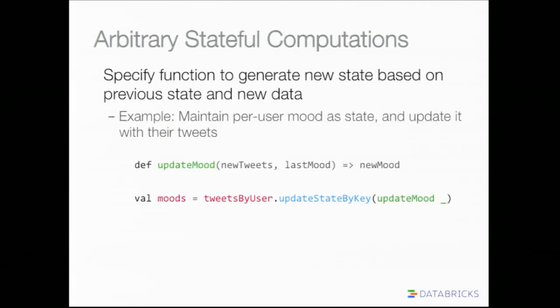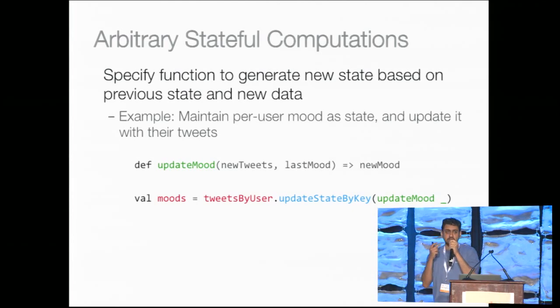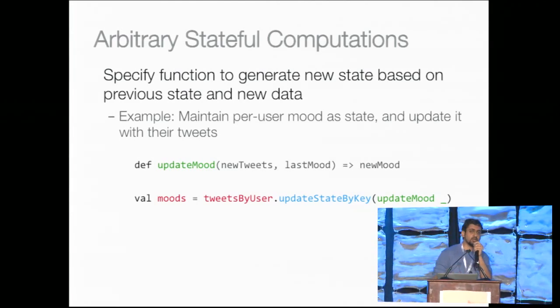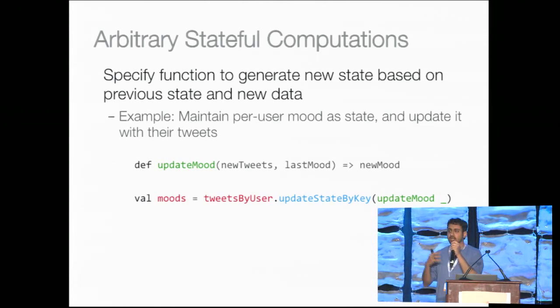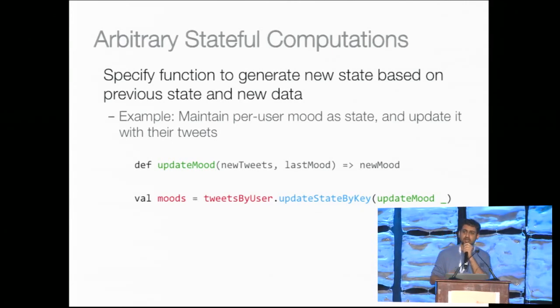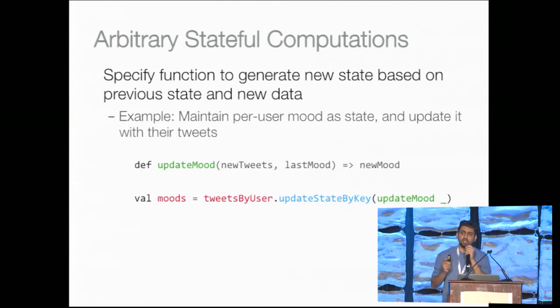Also, you can do arbitrary stateful computations, where for any key you want to maintain a continuous state that you continuously update as data comes in. To take a slightly weird example, let's say you want to monitor Twitter, and for every user in the Twitterverse, you want to maintain what mood the user is in.